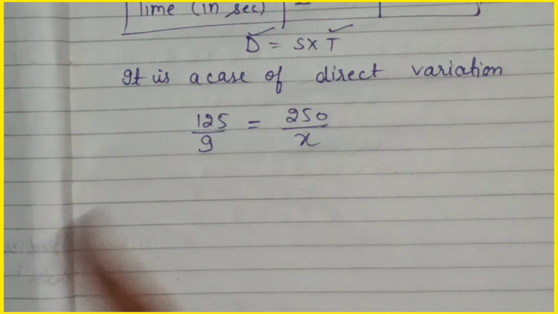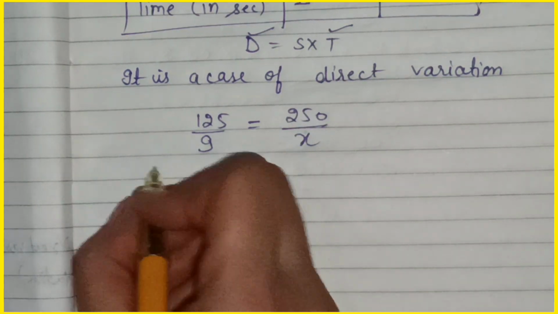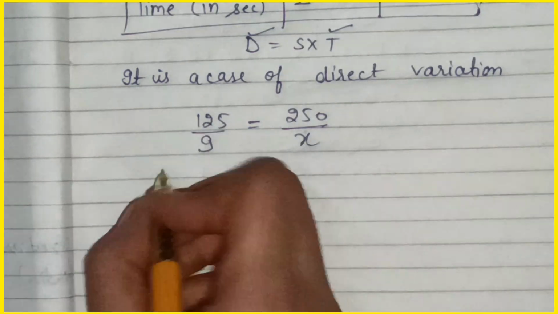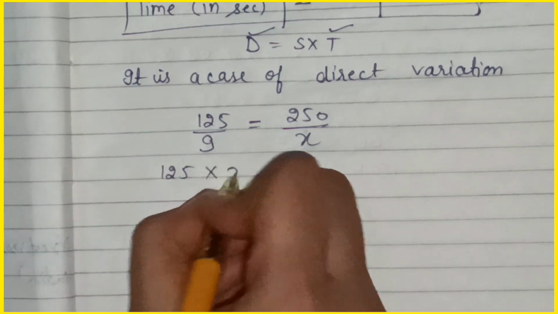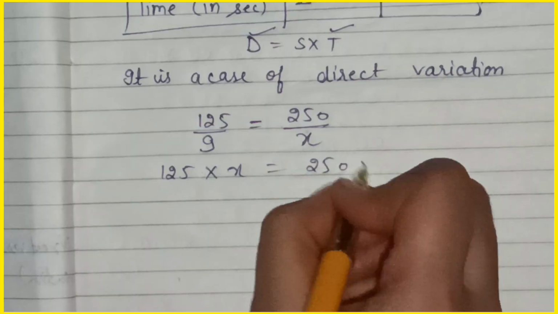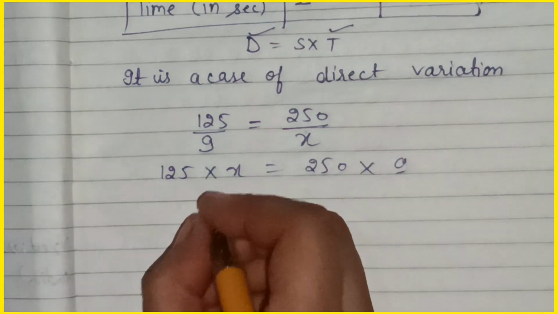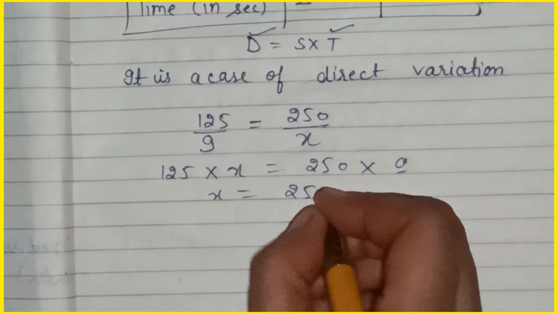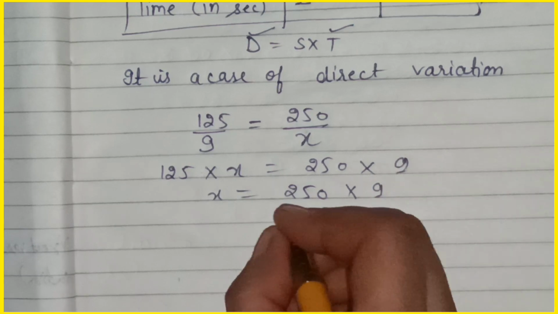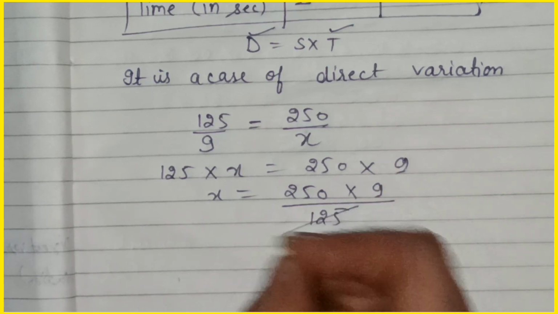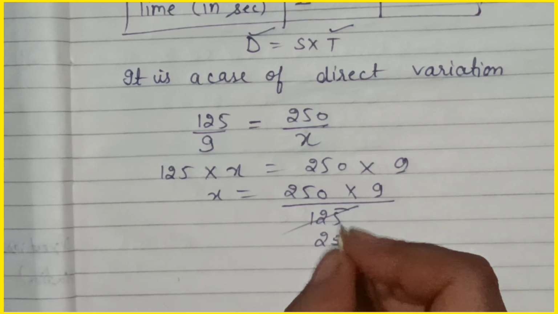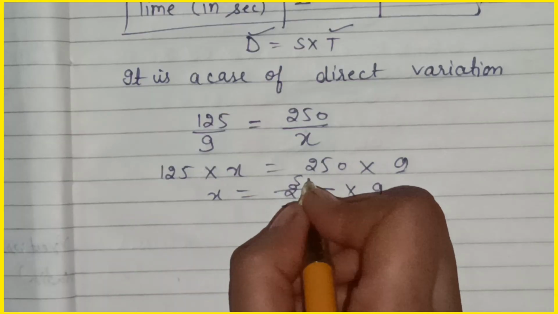From this, we have to find the value of x. I write by cross multiply: 125 multiplied by x is equal to 250 multiplied by 9. x is equal to 250 multiplied by 9 upon 125. 5 2s are 10, 5 5s are 25, 5 5s are 25, 0 is here.